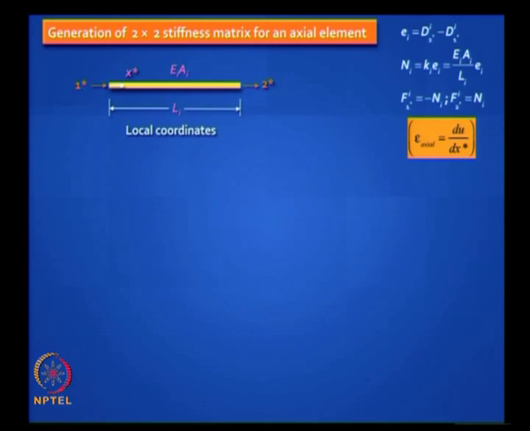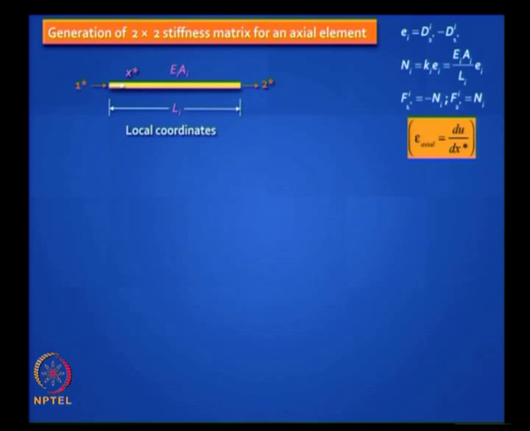Now let us generate quickly the stiffness matrix and the transformation matrix for these three types of elements. For this element, you know that the elongation e is the difference between the two displacements, and in terms of tensile elongation, it is d2 star minus d1 star. You agree?